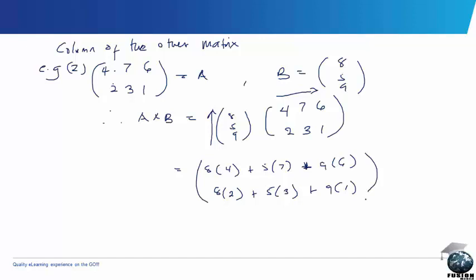This is equal to 8 times 4 gives 32, plus 5 times 7 is 35, plus 9 times 6, which gives 54. And then 8 times 2 is 16, 5 times 3 is 15, and 9 times 1 is 9.